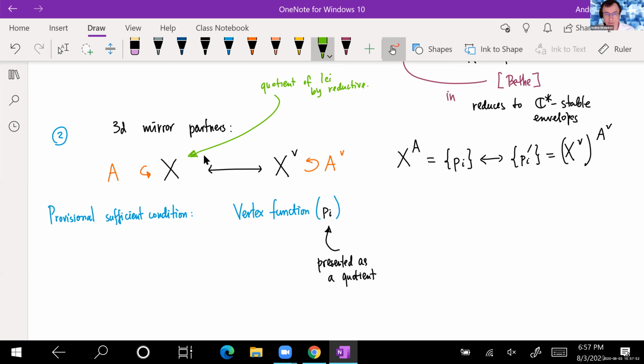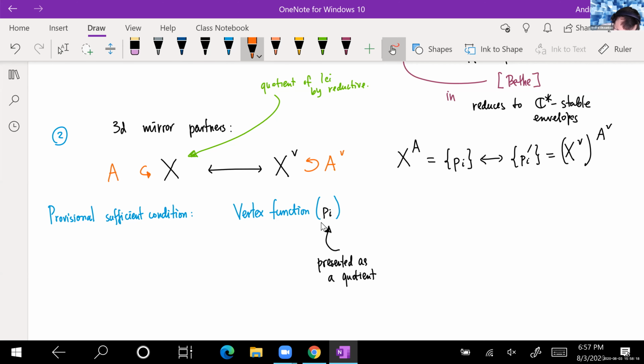So to talk about vertex functions, we need a representation of a variety as a quotient. Because we want to talk about quasimaps, they use the fact that something is a quotient. And this pi, being a fixed point, inherits this quotient presentation. So this is not a trivial thing. And that thing is now a function.